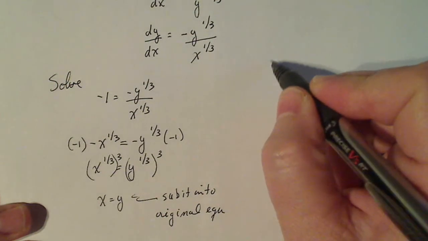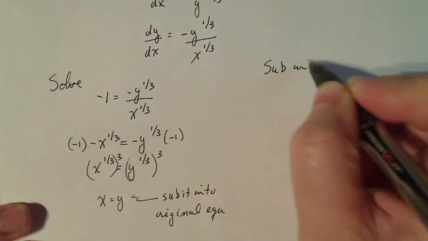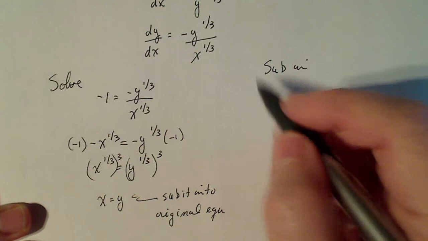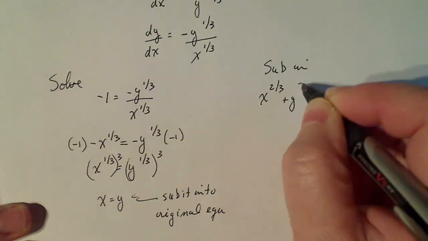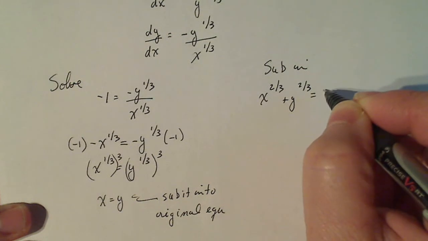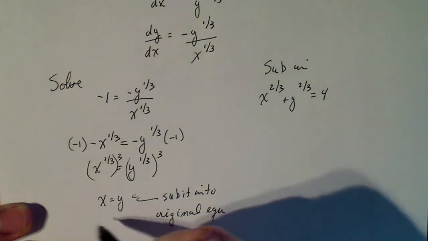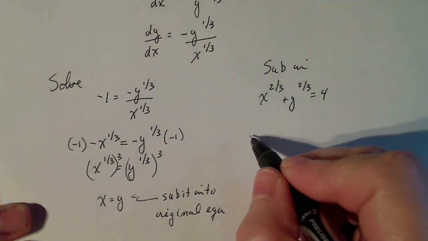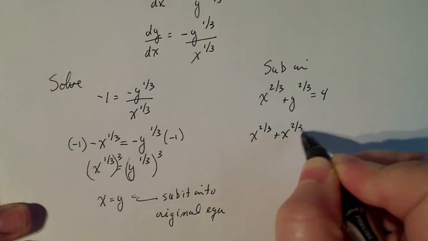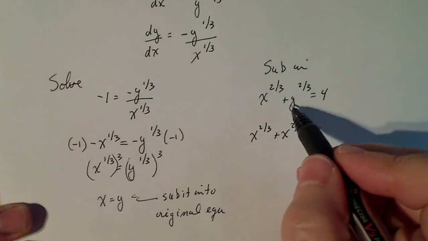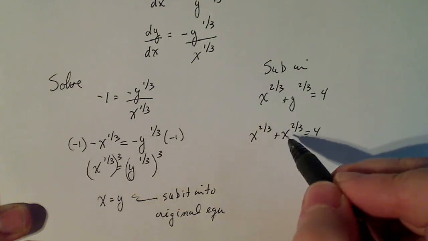So over here I need to sub in. If I have the original equation, x to the 2/3 plus y to the 2/3 equals 4, and x is equal to y, that means I can say x to the 2/3 plus x to the 2/3 equals 4. Because if x equals y, I can substitute in x for y.